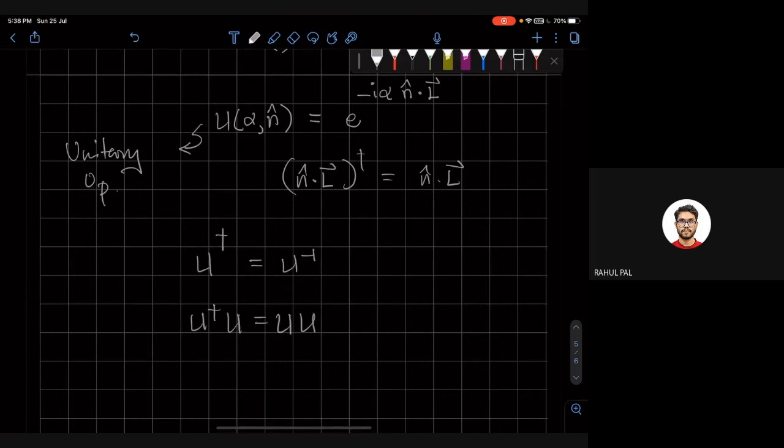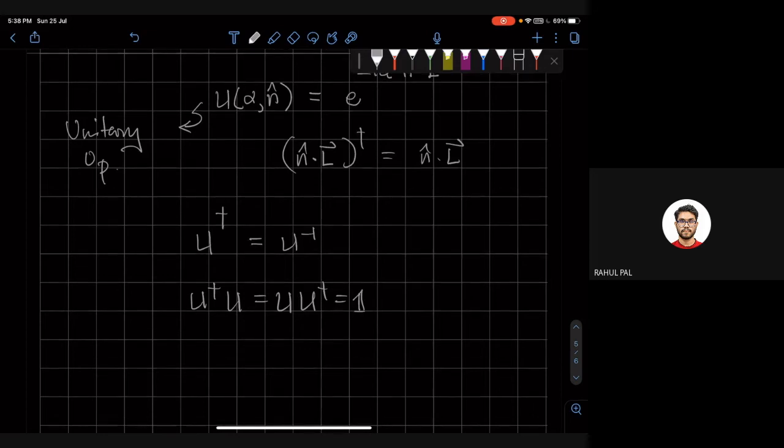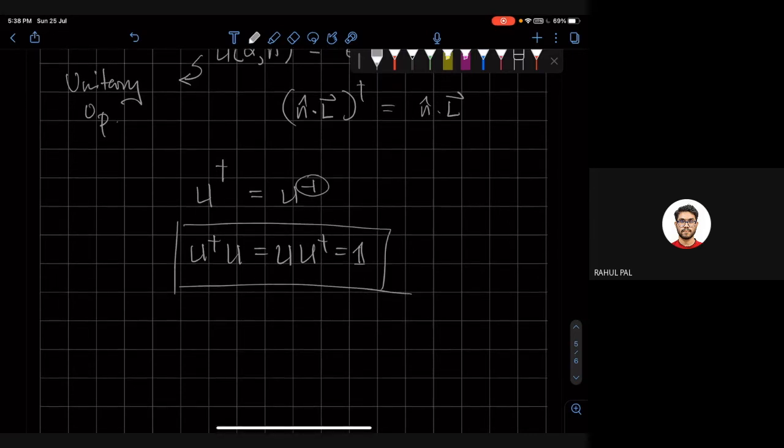Wait, U to the minus 1, is that the inverse, or U and then 1 subtracted from that? Inverse. I thought subtracted. No, it's not subtracted. It's in the exponent. That's okay. So unitary operators have the wonderful property that their inverse is given by the Hermitian conjugate.